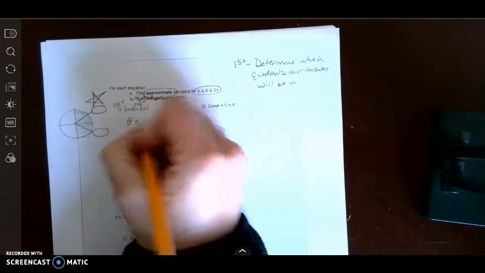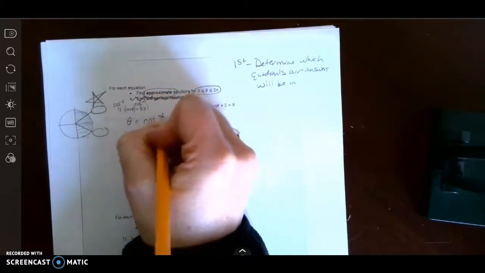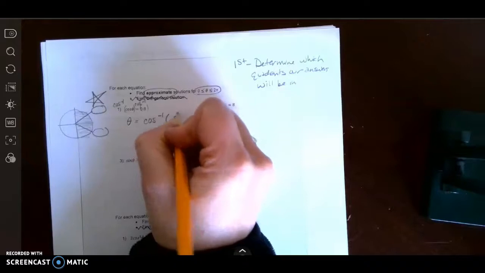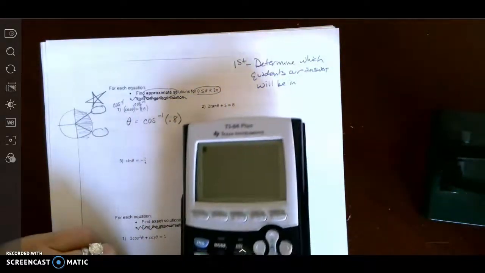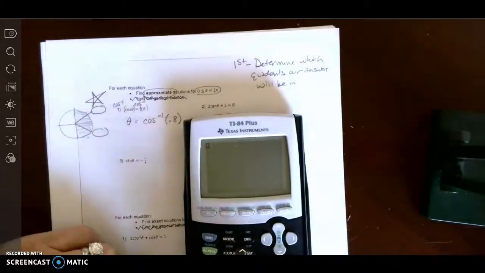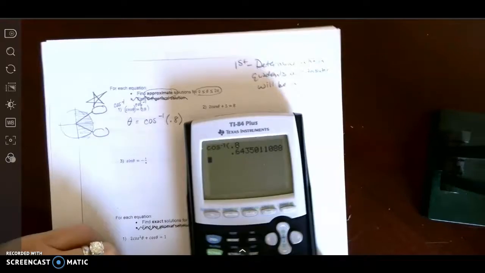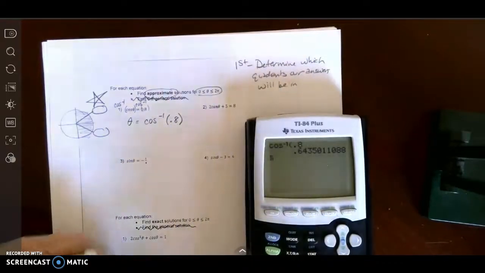And I get that theta equals the inverse cosine of 0.8. Easy enough. Put that in my calculator, inverse cosine of 0.8, and I get 0.6435.